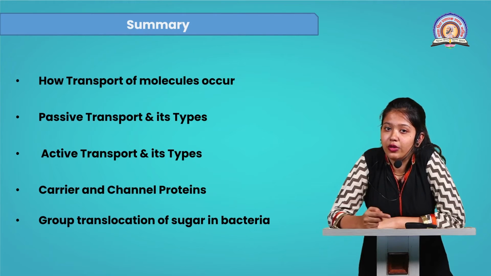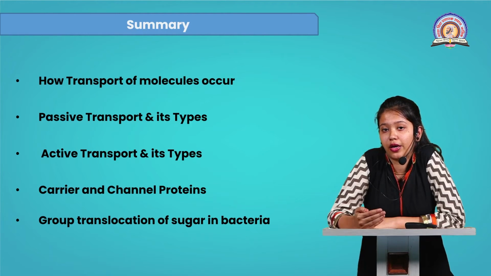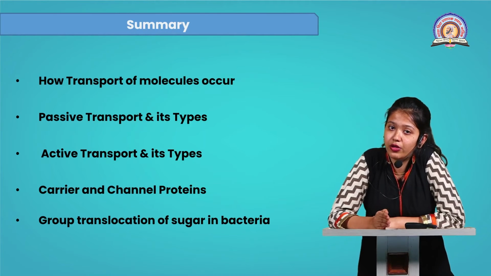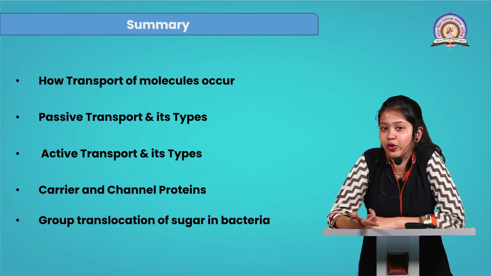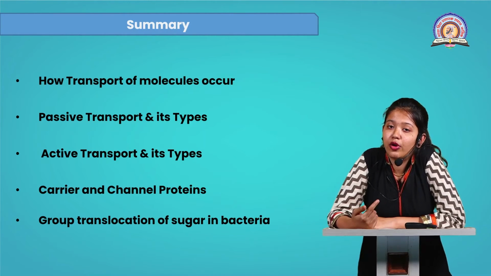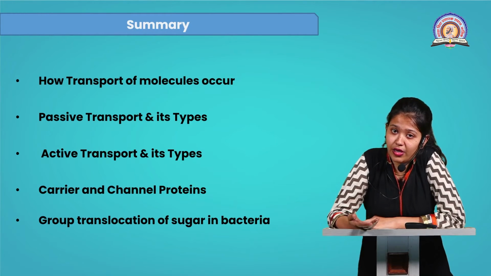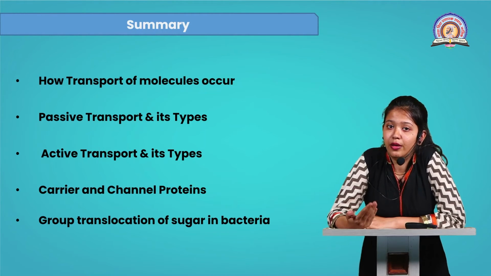And we saw the second type, that is facilitated diffusion. In this type of diffusion, the movement of molecules across the membrane occurs along the concentration gradient, that is from an area of higher concentration to an area of lower concentration, with the help of transporter molecules. The transporter molecules included in this type of transport are channel proteins.